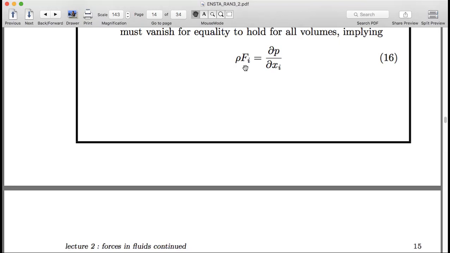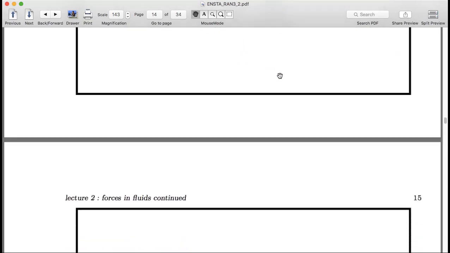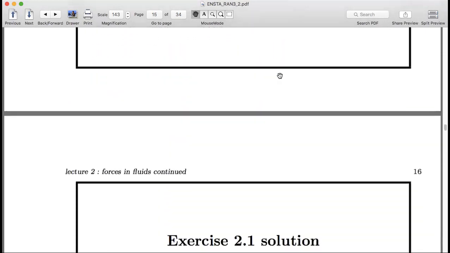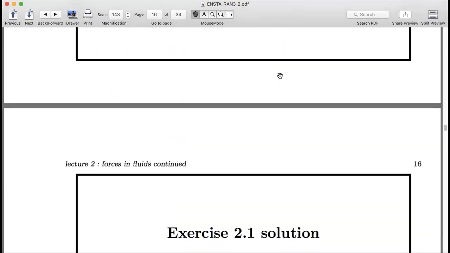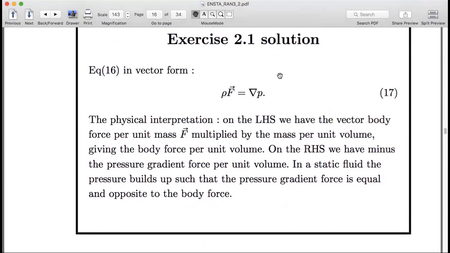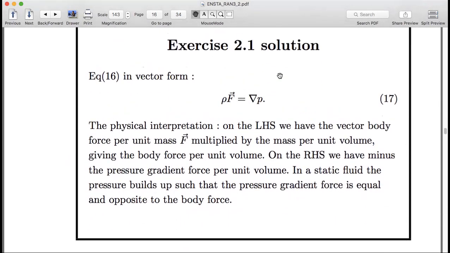We just have rho times Fi equals dp dxi. And then we're going to interpret it physically. I'll just pass to the solution there after you've thought about it.